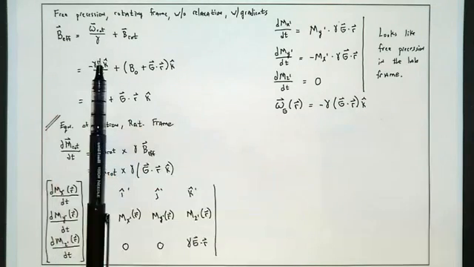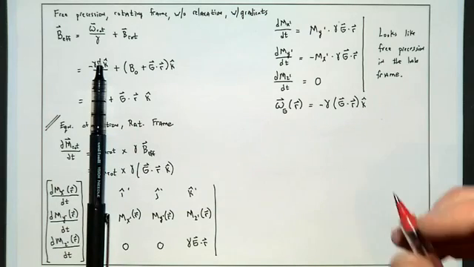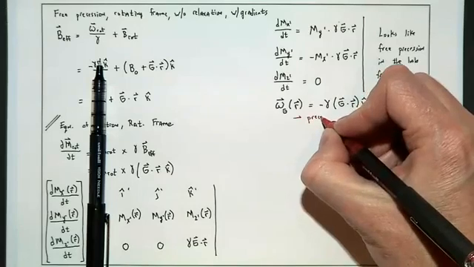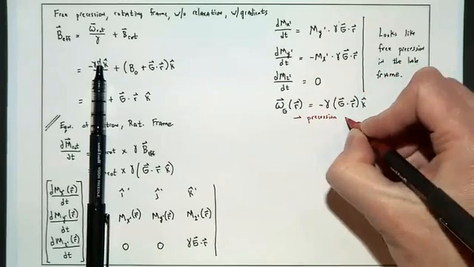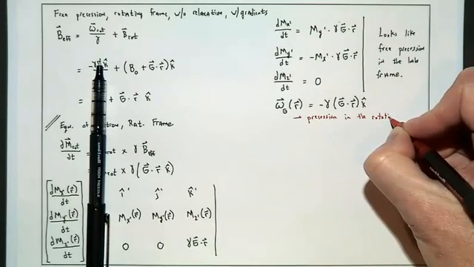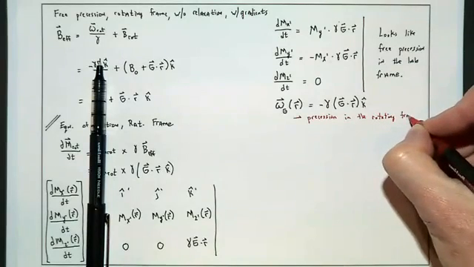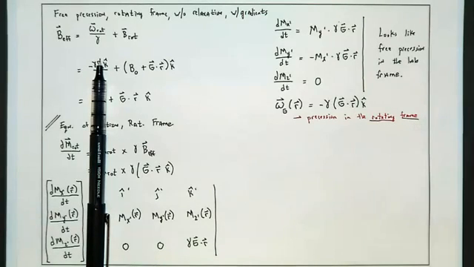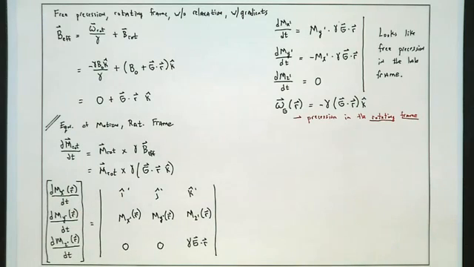So there's a couple good consequences here, or things to notice here. What this tells us is that we have precession in the rotating frame. Now, when we worked our way into the rotating frame, the whole idea was to get rid of the B0 precession, but now we have additional fields, and they will cause precession that's apparent in the rotating frame.